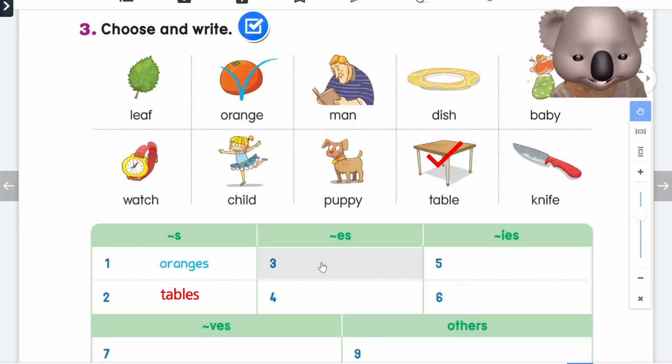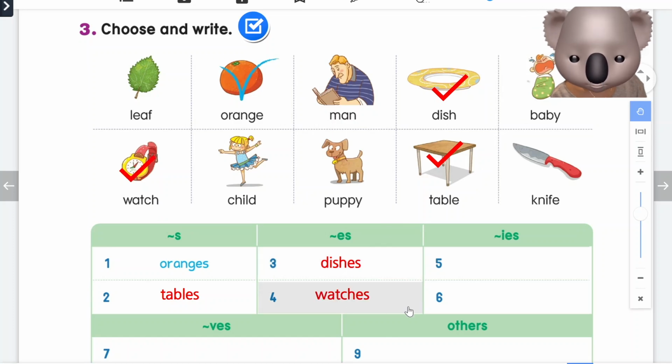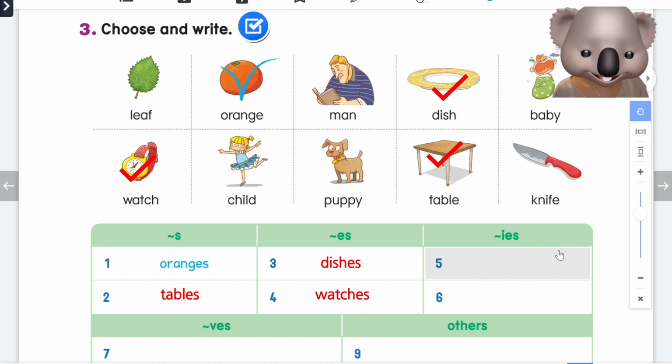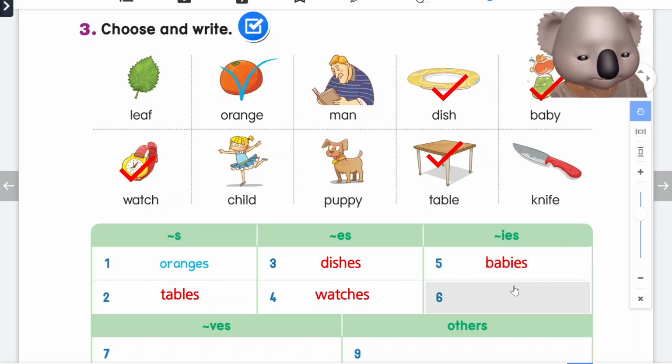There's an SH, so dishes. There's also CH, so watches. What about IES? Change the Y to IES. Let's look for a word that ends in Y. Baby, babies.